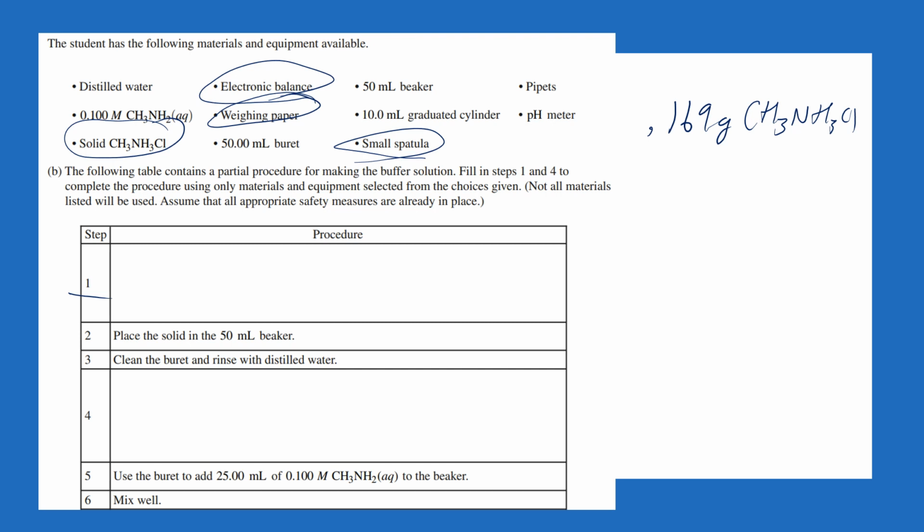Step 2, you're going to place that in a beaker, and clean the burette and rinse it with distilled water, step 3. So they must want us to use the burette for their next step. I'll use green. So our next step, we want to use the burette. You are going to rinse with the 0.1 molar CH3NH2, and then you will fill the burette with the 0.1 molar CH3NH2.